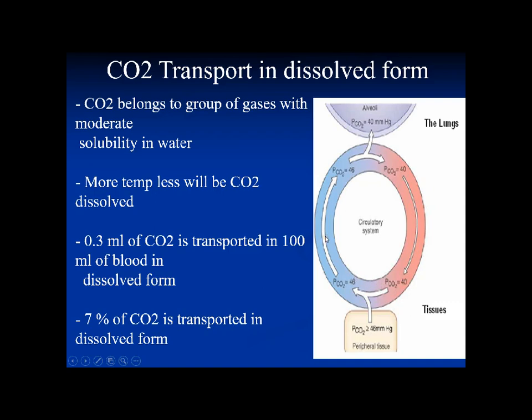In the venous blood, because the pressure is higher than arterial, here 45 or 46 millimeters, the dissolved carbon dioxide is 2.7 ml per 100 ml of blood. So the difference is only 0.3 ml. So only 0.3 ml is transported as dissolved carbon dioxide.